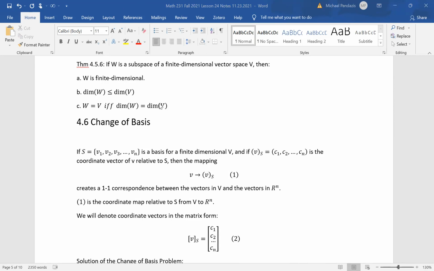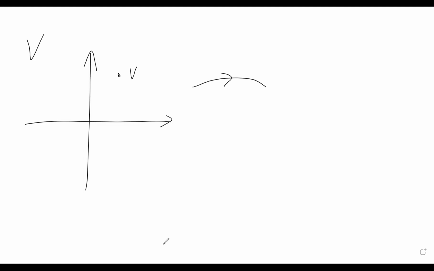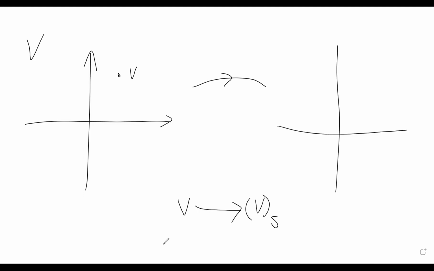If you have a vector space V and any vector V in it, then the map that sends V to its coordinates relative to a basis S gives a one-to-one correspondence between a vector and its components relative to a fixed basis S. So you have your vector space V, and you have your Rn space here.